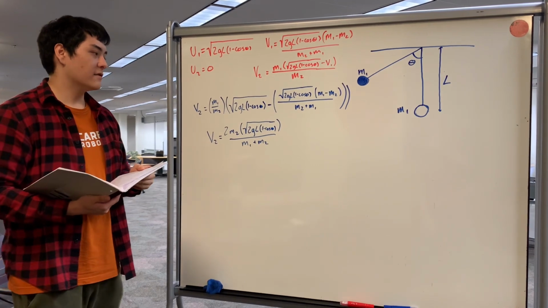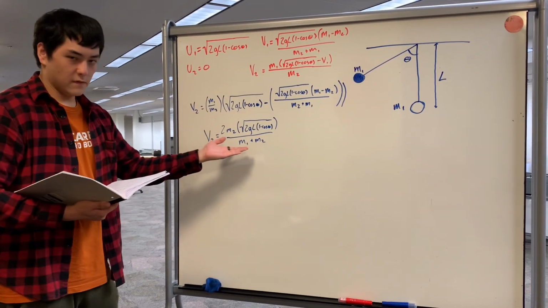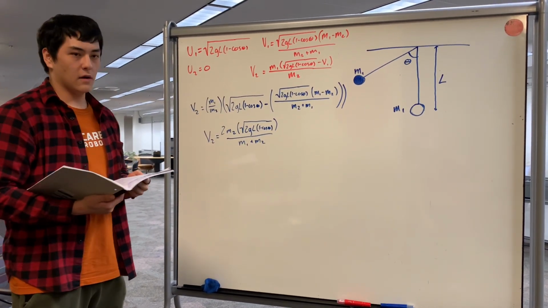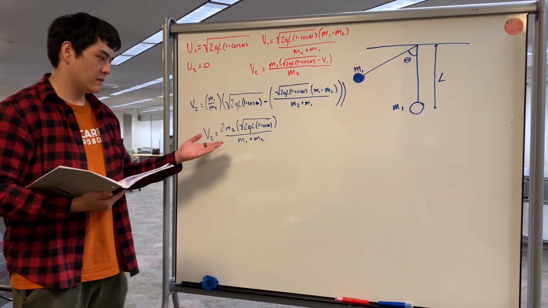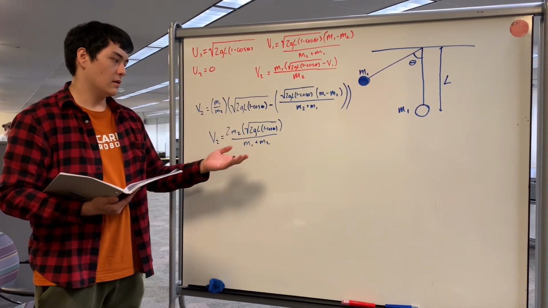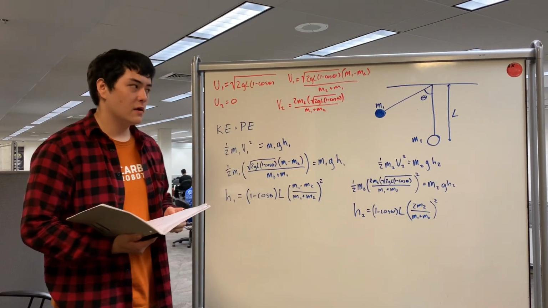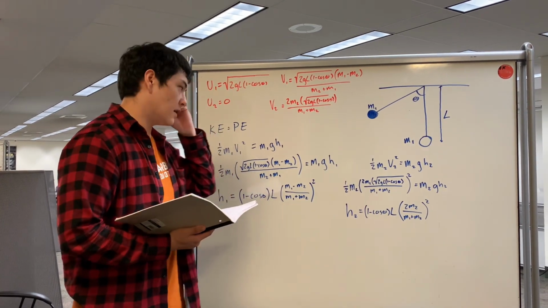And after some algebraic simplification, we get this equation for V2 here, which is represented in terms of the components we're given in the problem: M2, g, length, and so on. We now have V1 and V2 in terms of the constants given to us in the problem.